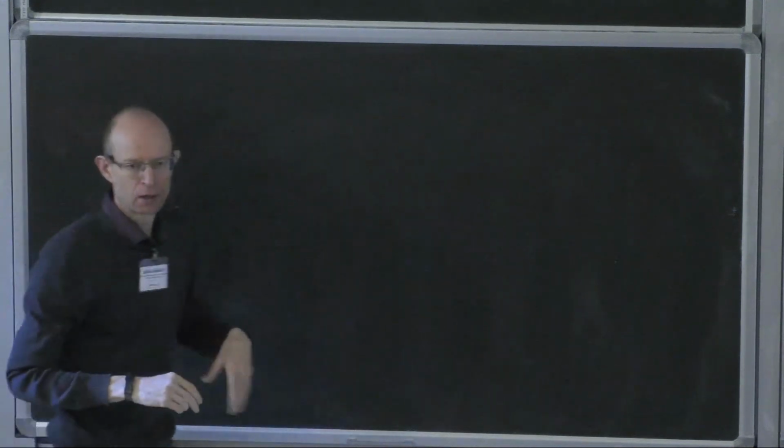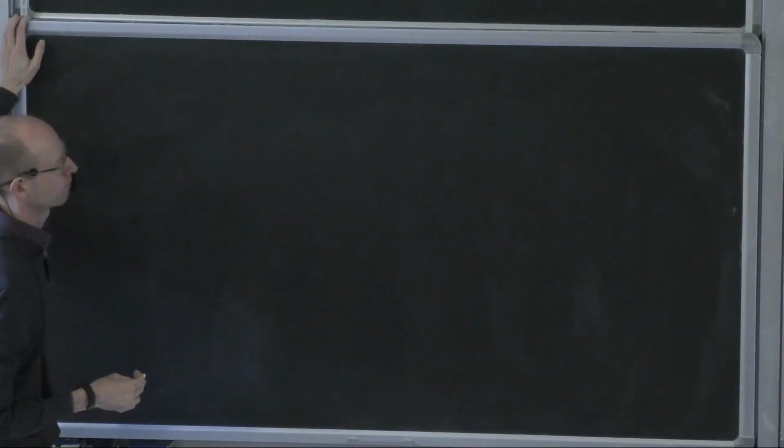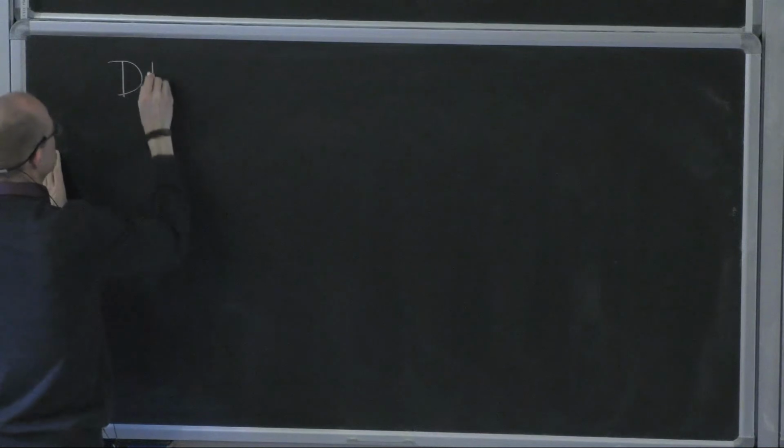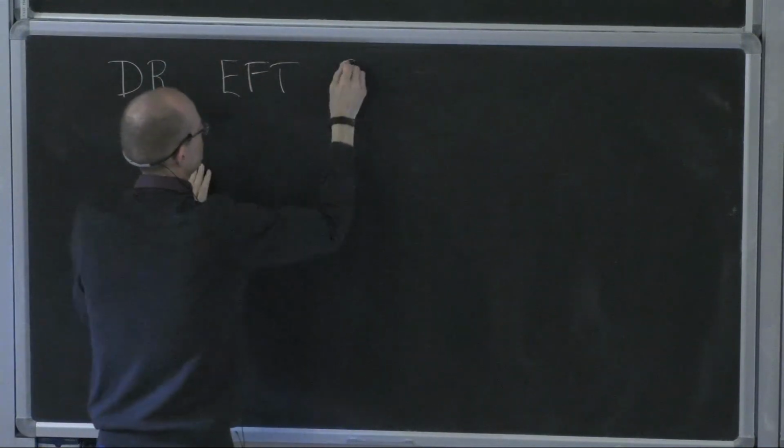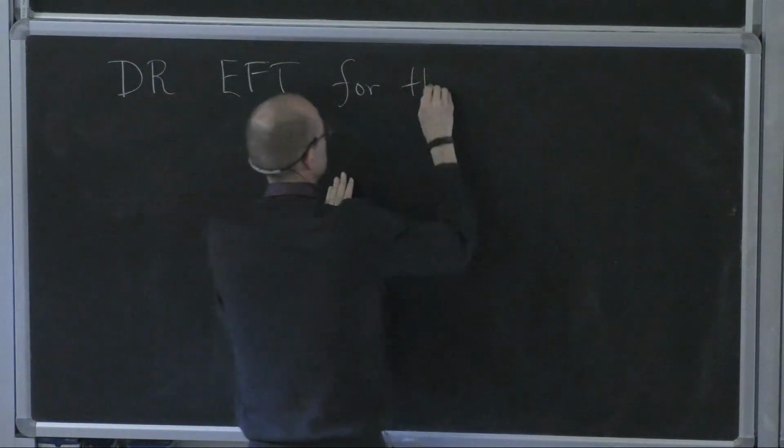So I now jump to the standard model, and first very briefly summarize what happens with the standard model, and then we go to beyond the standard model and do something maybe even more interesting. But first, the standard model. So dimensionally reduced EFT for the standard model.